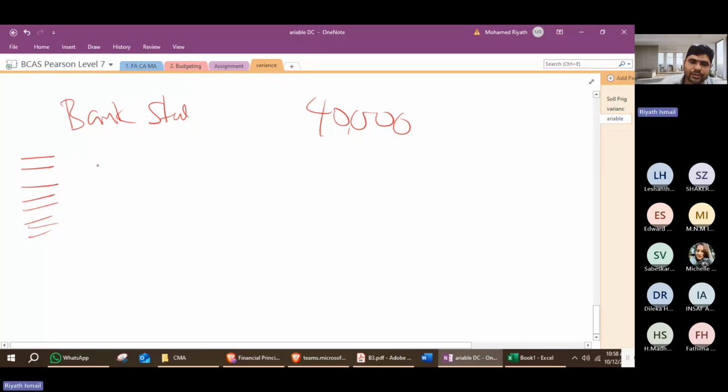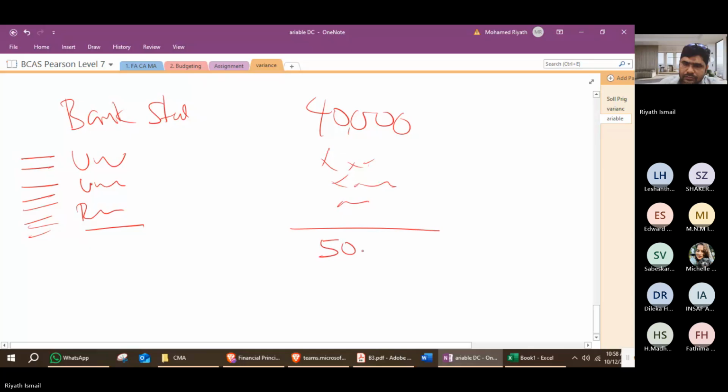Then you write the unrealized checks, unsubmitted checks and bank charges, and you adjust for them. When you adjust these things, you finally end up with 50,000, the cash book balance.